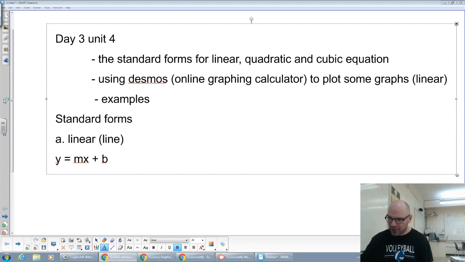Now, if you have to put it in Desmos, we're going to have to put sub 1, sub 2 for points there.